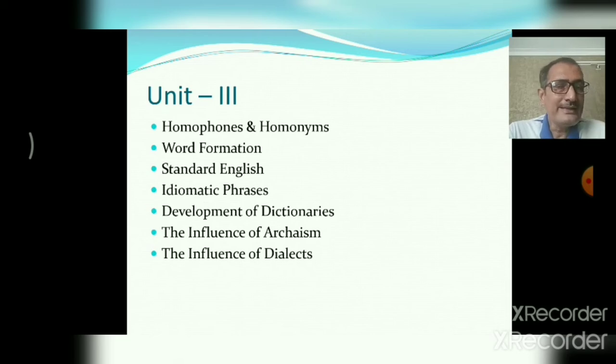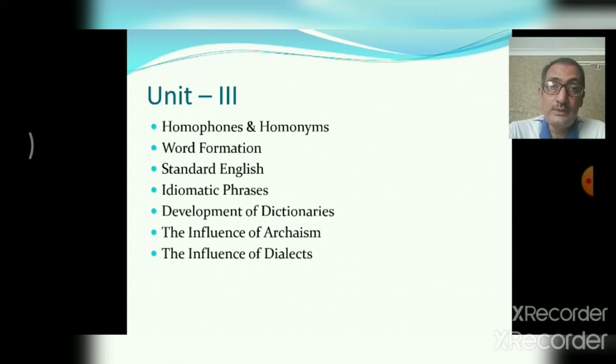When we come to the next topic, development of dictionaries, the only name that comes to our mind is Dr. Samuel Johnson. But if you remember, Dr. Samuel Johnson gave his dictionary in 1755. So was it that he was the first person to attempt a dictionary?